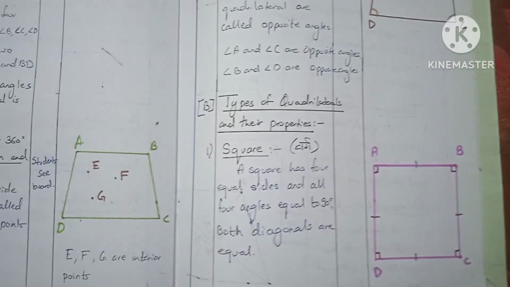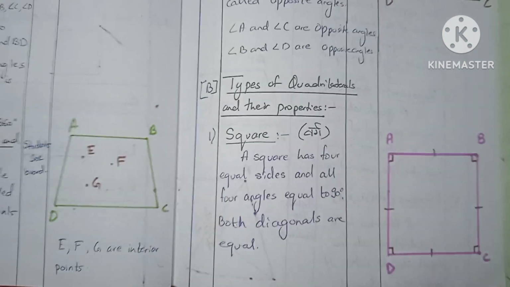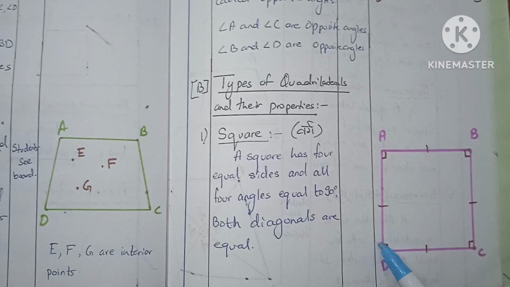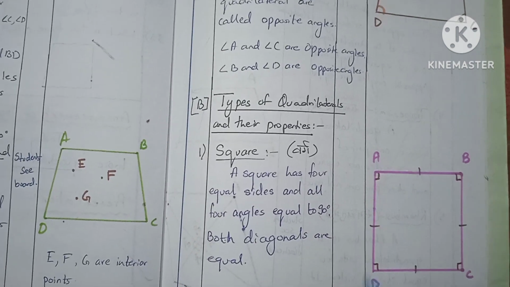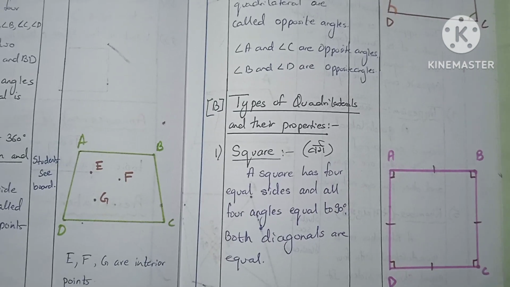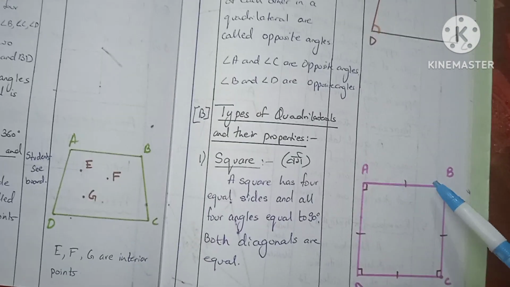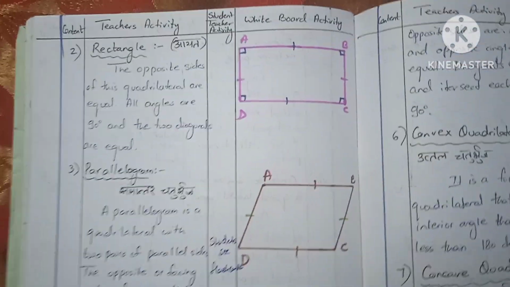First she draws a square and explains that a square has all 4 sides equal, all 4 angles are 90 degrees, and both diagonals are also equal, that is AC and BD. Next the teacher goes to the rectangle.